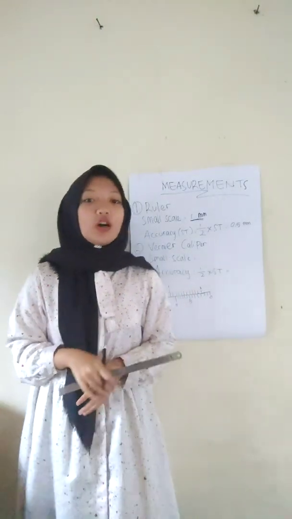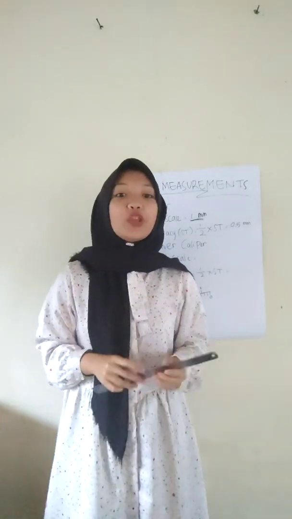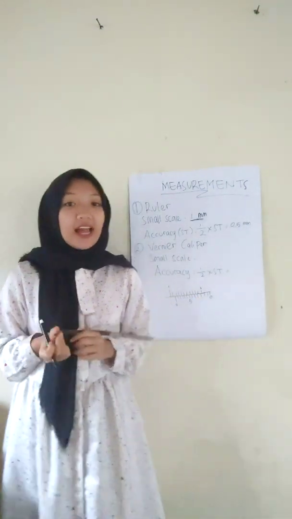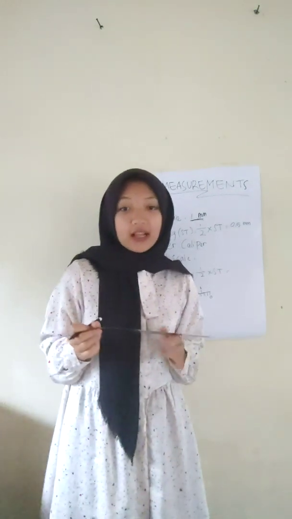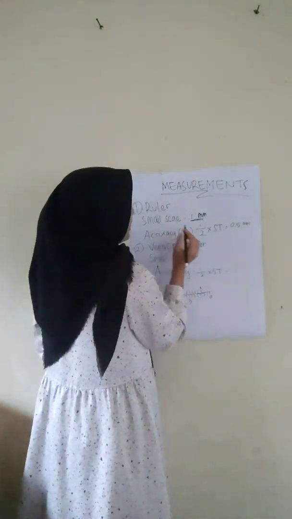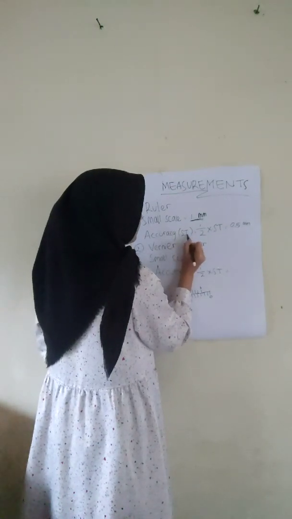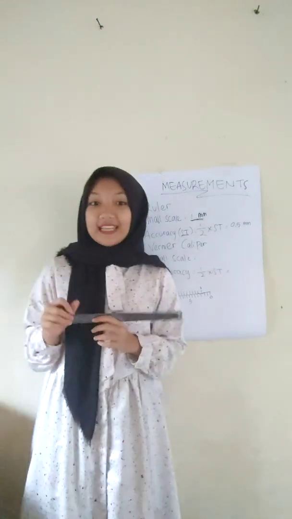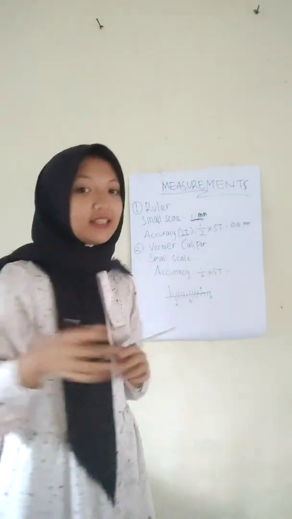So, the small line, if you look at your ruler, the small line has the symbol ST. Okay, symbol ST to shorten it.